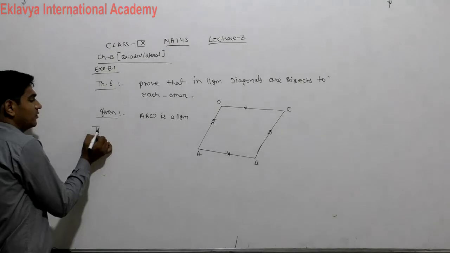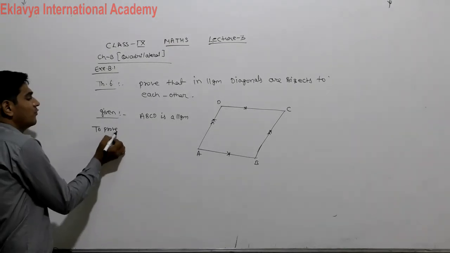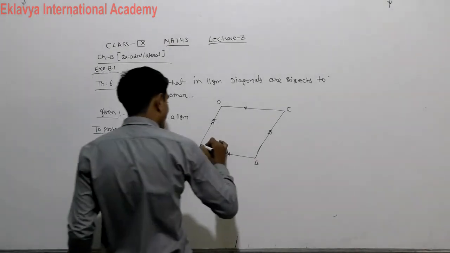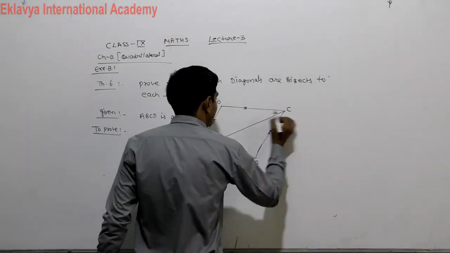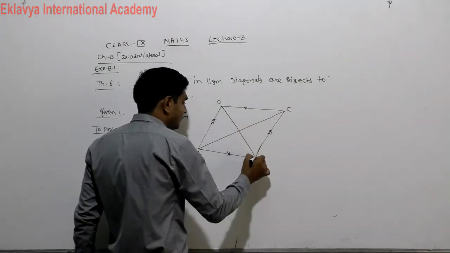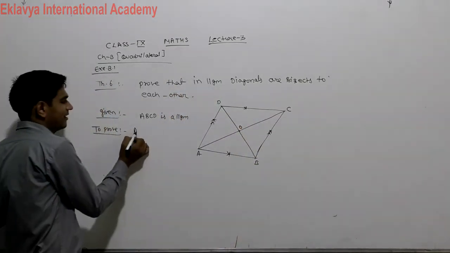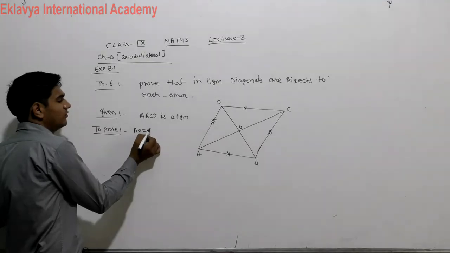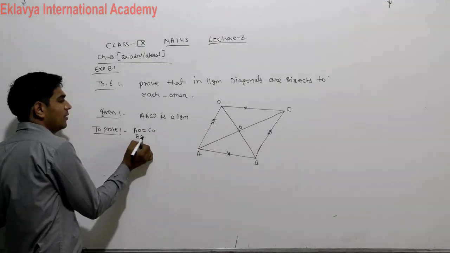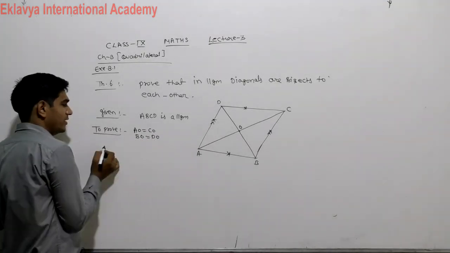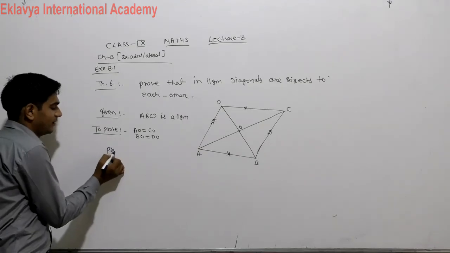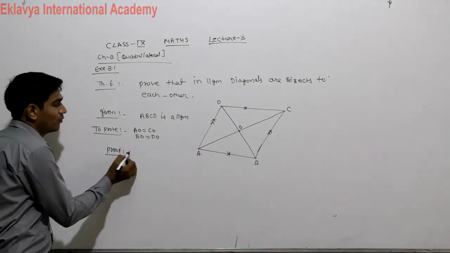Second, what will we prove here? Diagonals, first AC, second BD, both intersect at O. So what do you have to prove? AO is equal to CO and BO is equal to DO. Construction is not required. Now proof.